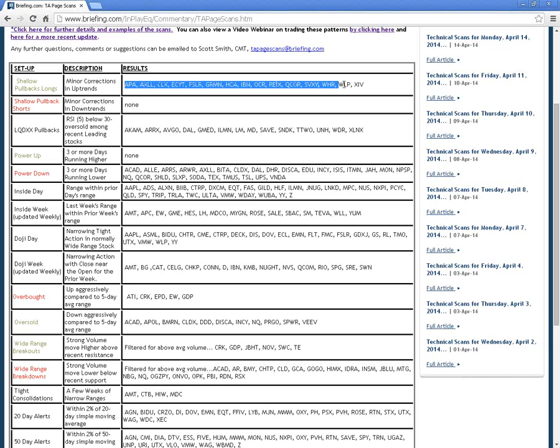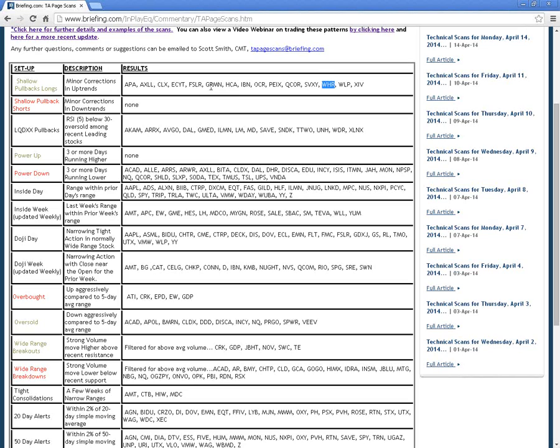And again, I'm always looking for some sort of theme among them, or seeing if there's an ETF that stands out. So just looking at today's, I do see a couple staples setting up here, pullback longs. This one stands out to me, HCA and WellPoint. Those are two medical providers, or healthcare providers, I should say.